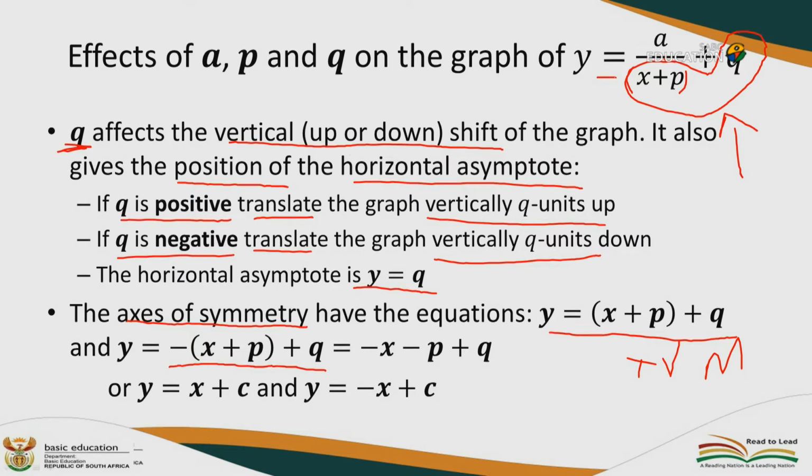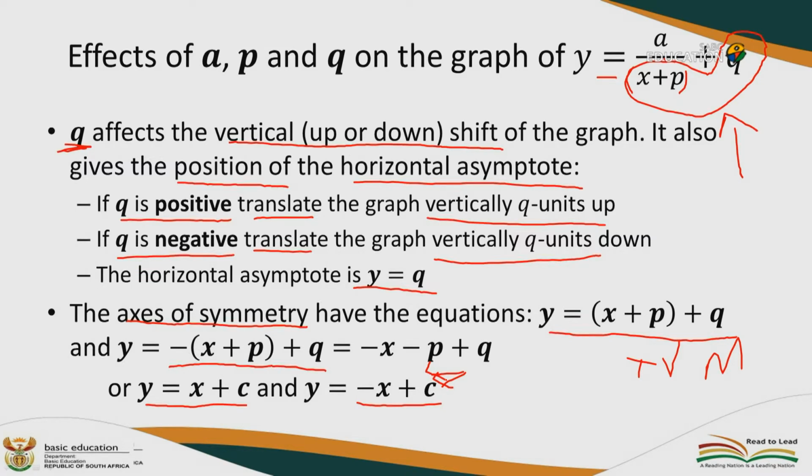Alternatively, there is another method in which you can get the equation of the axis of symmetry. You could say y equal x plus c. This is for positive gradient, and y equal negative x plus c for negative gradient. Now, in this case, in order for you to get the value of c, you are going to make use of the intersection of your asymptotes.